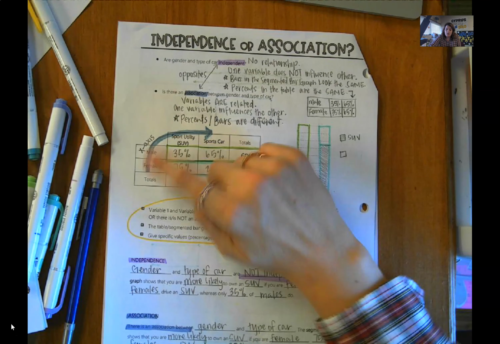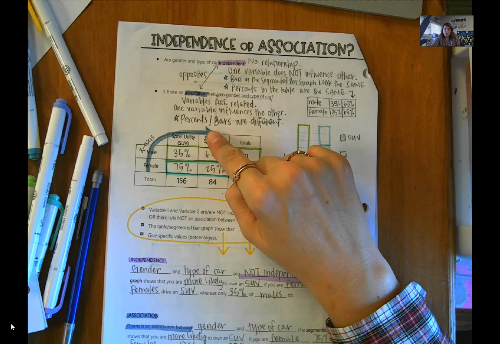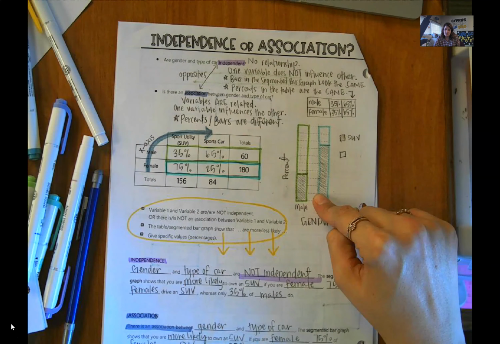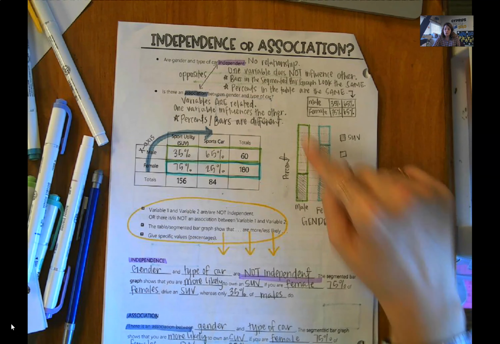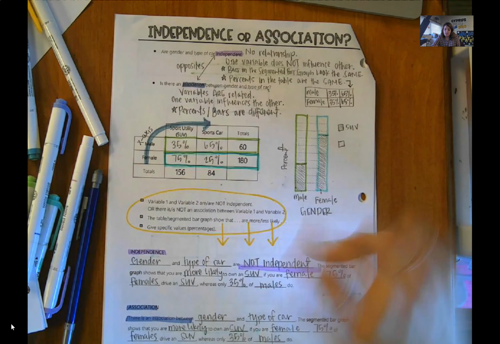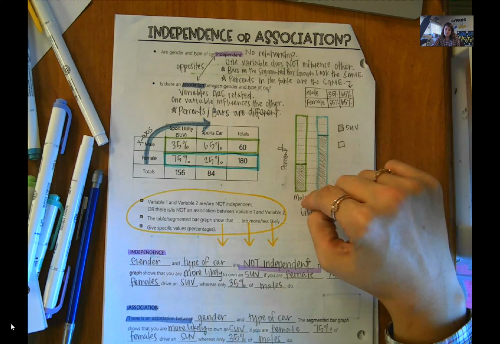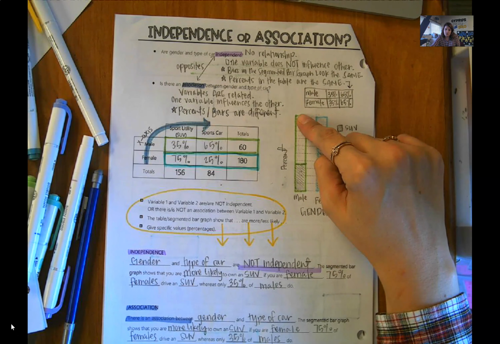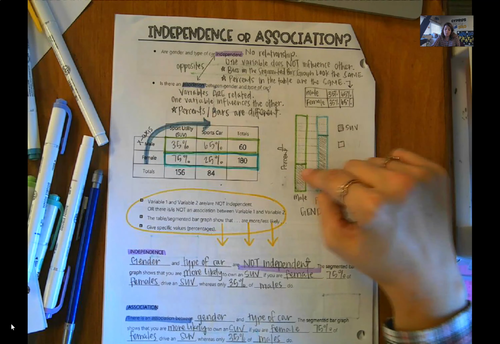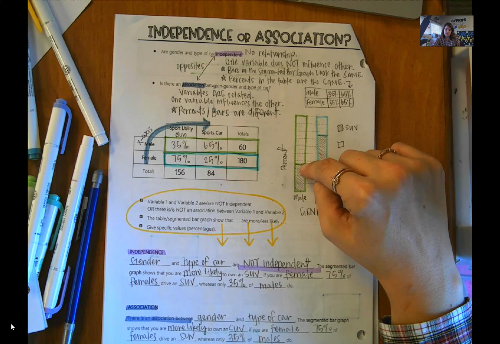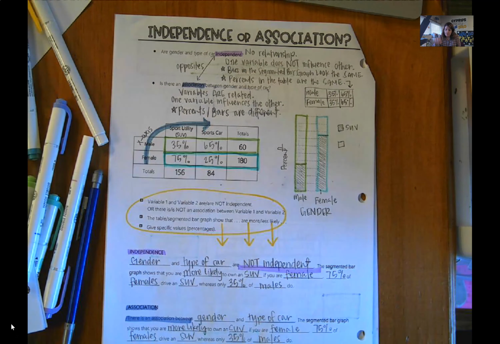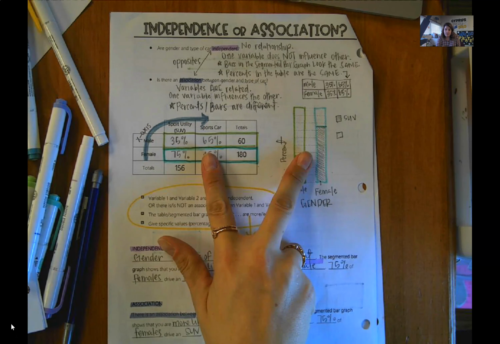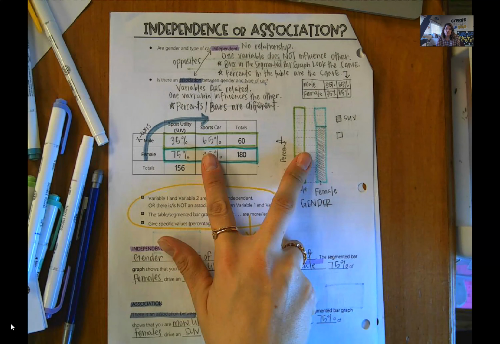You use your arrow as your helper to figure out how you label your segmented bar graph and how big you make the different bars or boxes. Then, depending on what these look like, you determine if there's a relationship or not.